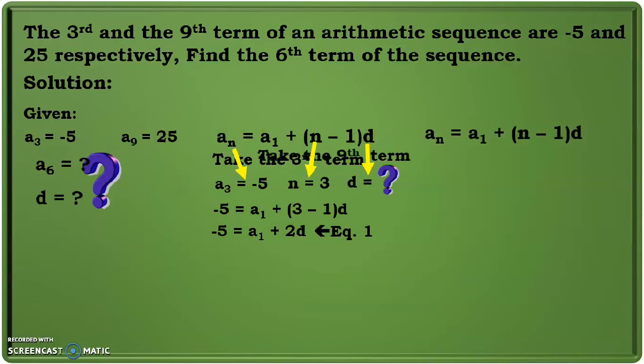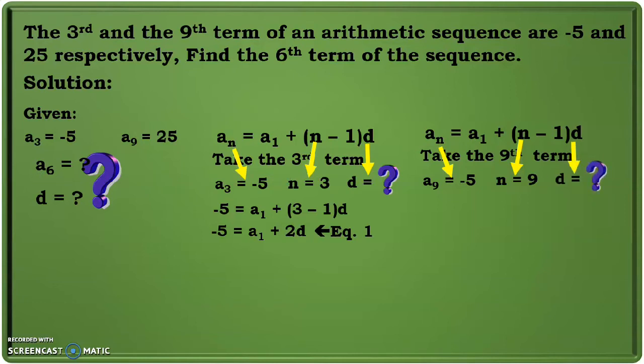Next, take the ninth term, a sub 9 is equal to 25, n is equal to 9, and d is to be found.